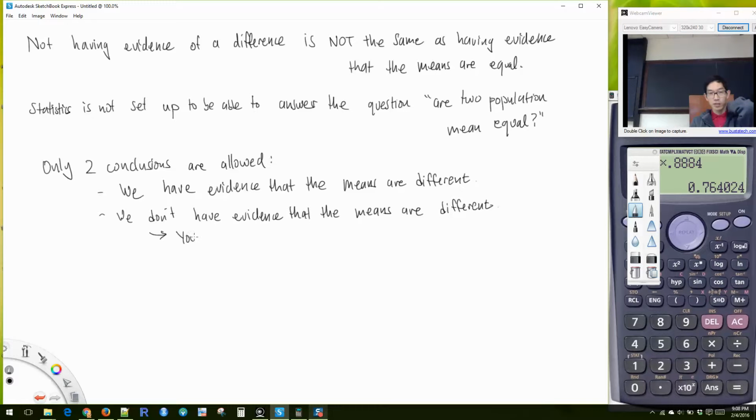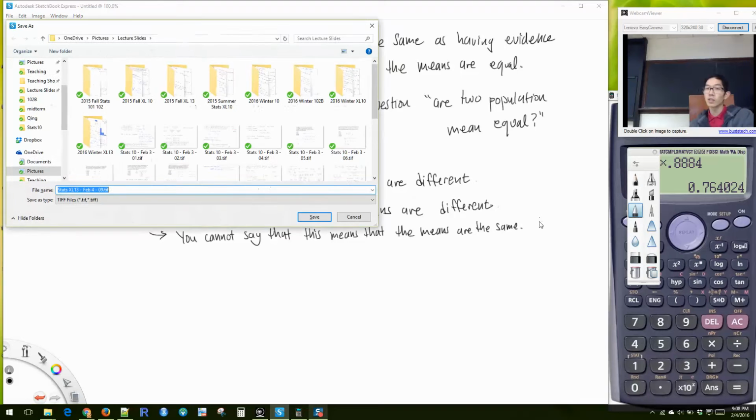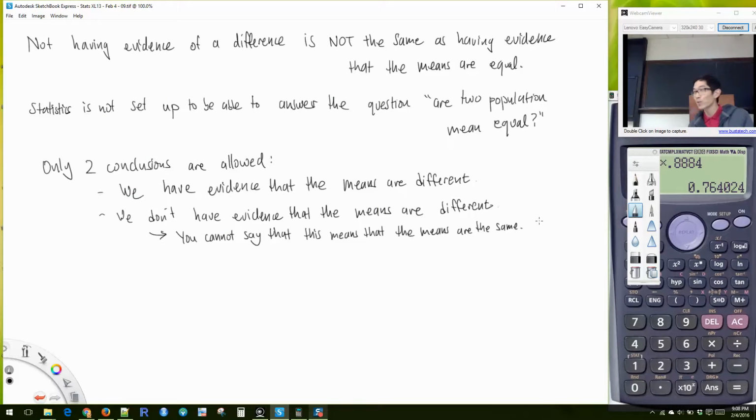In fact, the only way to say that the means of two populations are equal is to actually compute the mean of the entire population and compute the mean of the other entire population, and then say, oh, after observing everybody in this population and everybody in this population, yes, indeed, the means are the same.